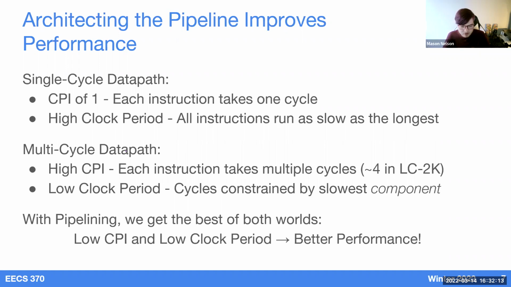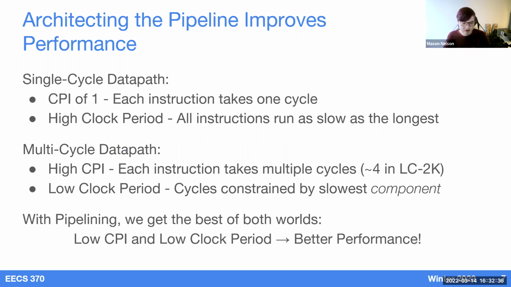For a deeper in-depth example, we'll look at a specific benchmark next week where we'll go through the single cycle, the multi-cycle, and a bunch of different implementations of the pipeline and see how that is actually true.